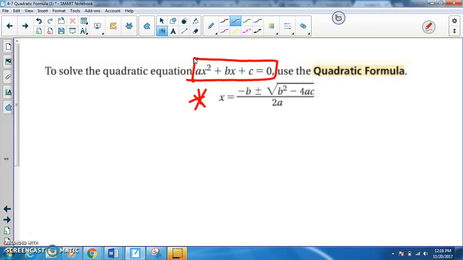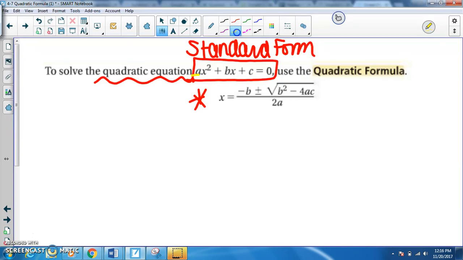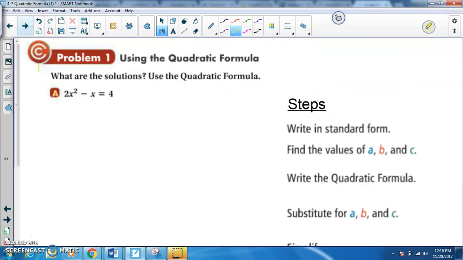The key factor here is that our quadratic equation is in standard form, so that we can easily locate the values for a, b, and c, which we can see are in the quadratic formula. So let's solve a quadratic equation using the quadratic formula.